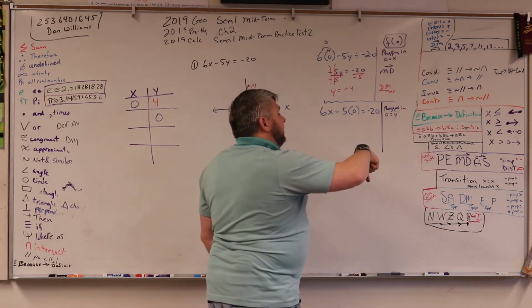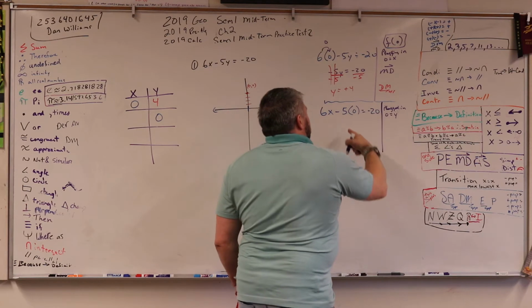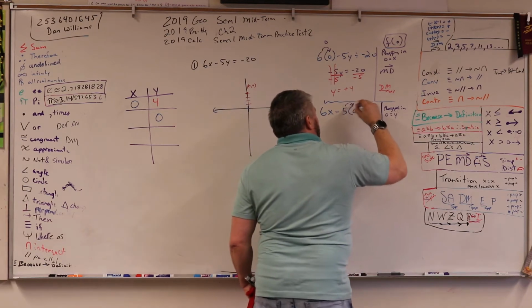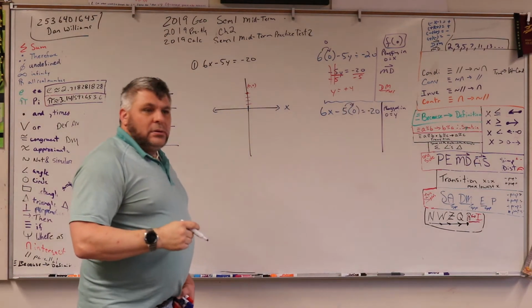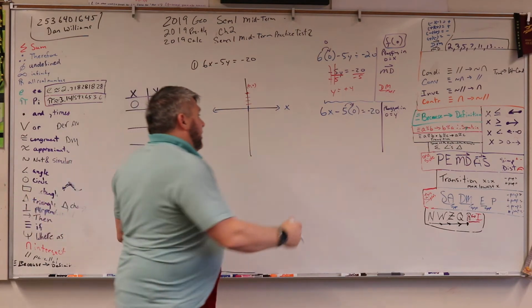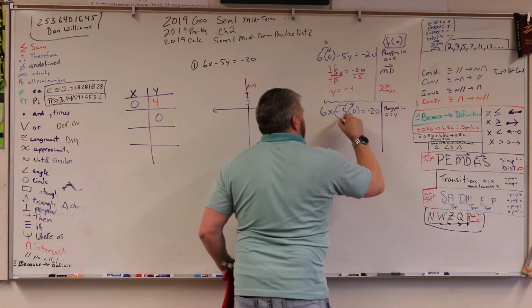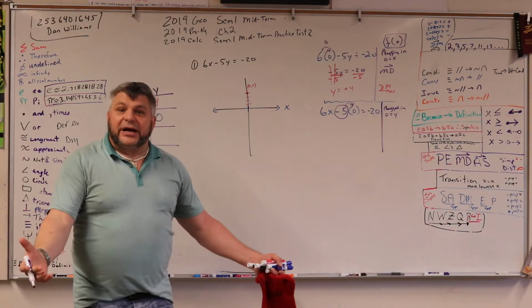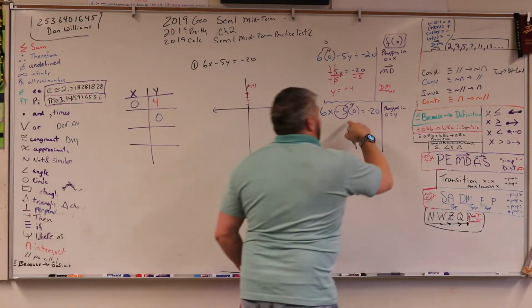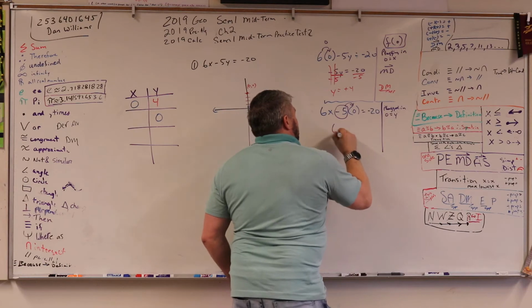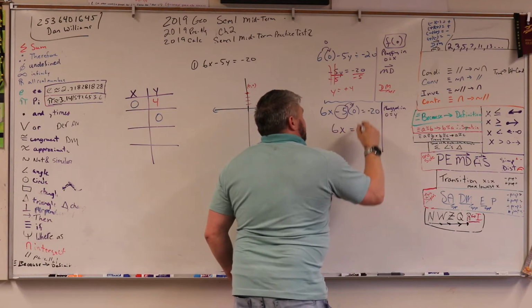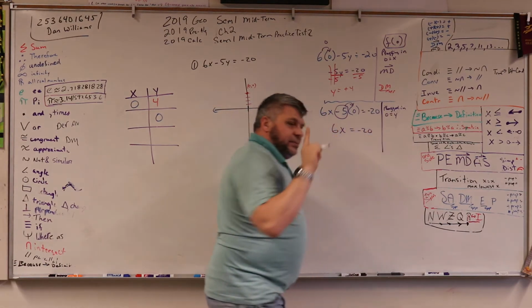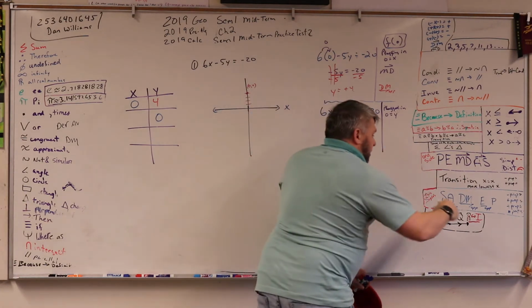And so when we do that, what happens with 5 times 0? It's 0, right? In fact, what happens to negative 5 times 0? It's still 0, right? So what happens here is we get 6x is equal to negative 20, right? And then y?